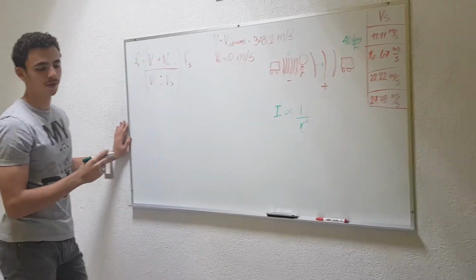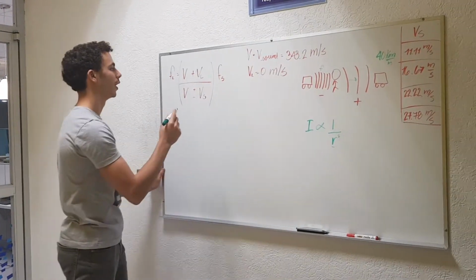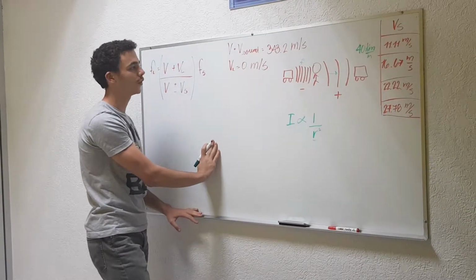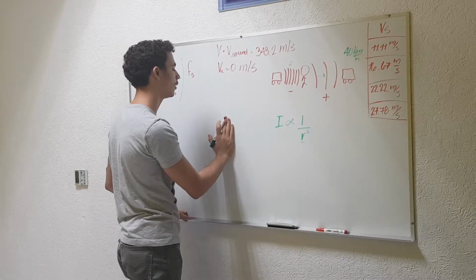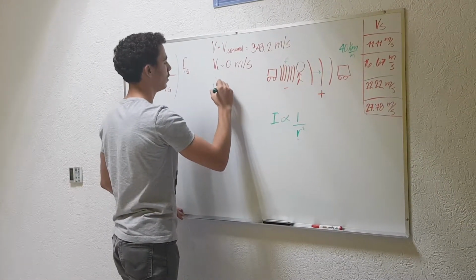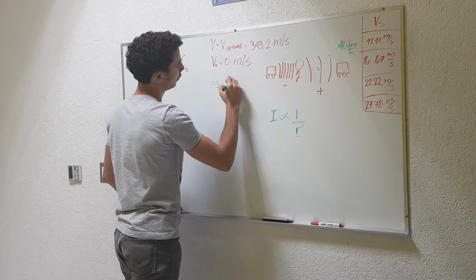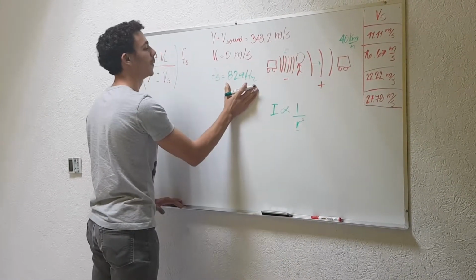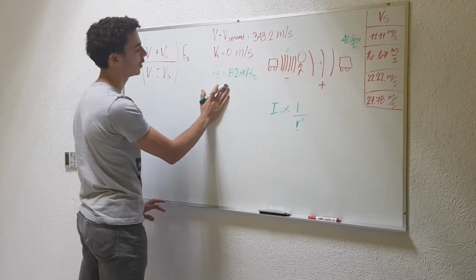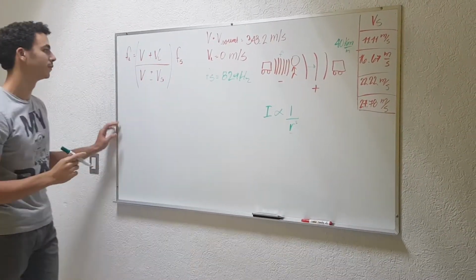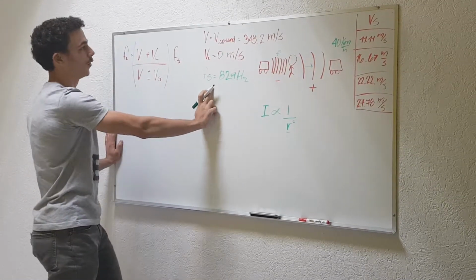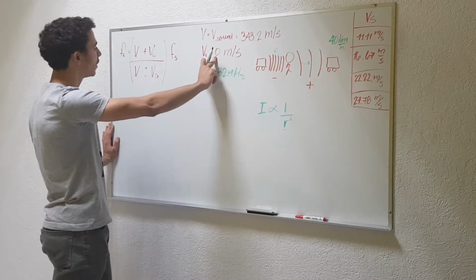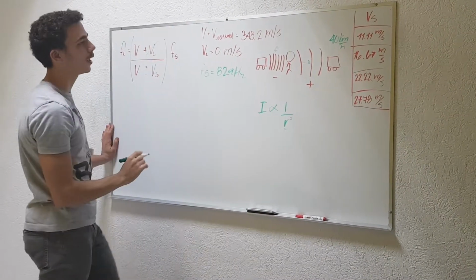Well, the frequency was measured using software, and what we did was put into that software a voice note recording the horn of the car, and the frequency we obtained was 829 hertz, which is between the values accepted for a car horn. This value is a constant, so is the velocity of the sound, and the velocity of the listener is 0, which we can cancel out right now.